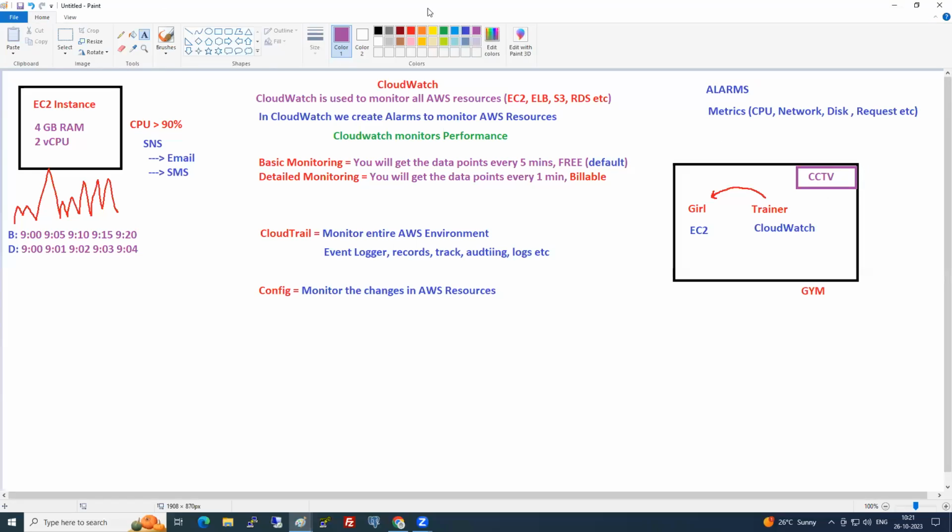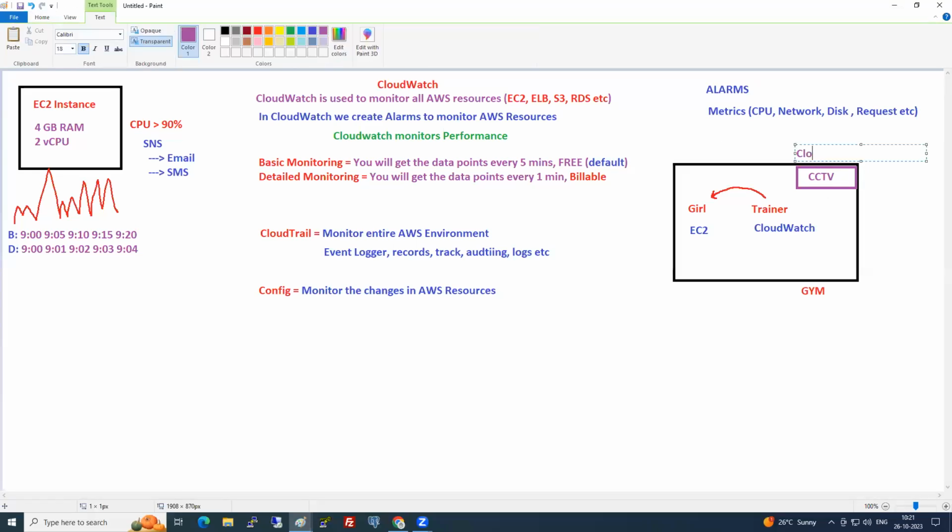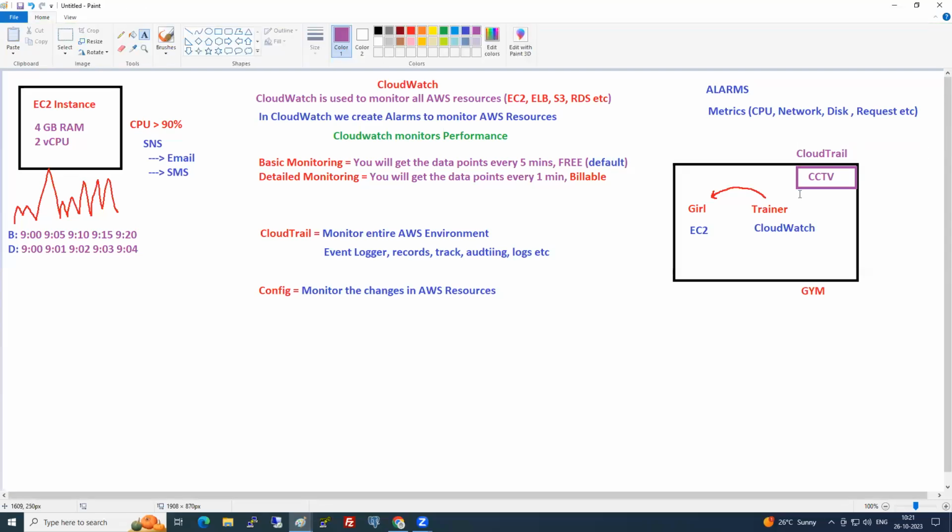CloudTrail. In CCTV, whatever is happening in the gym, everything from A to Z gets recorded. Whatever is happening in the entire gym is recorded in the CC camera, that is CloudTrail. And the trainer is CloudWatch, going and monitoring the girl. And now also one more scenario.